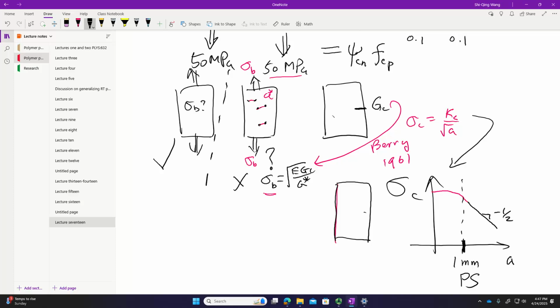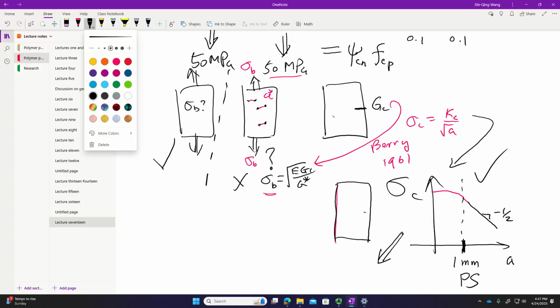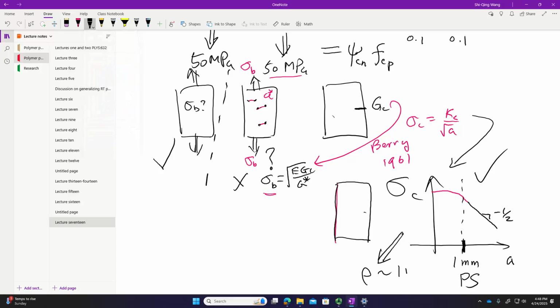In order to fit the framework of the fracture mechanics discussion of the nature of the nominal strength of your polymer, or explain this result. So I know I'm running out of time, but let me give you something to contemplate. What if this implies that your rho is about 1 millimeter?